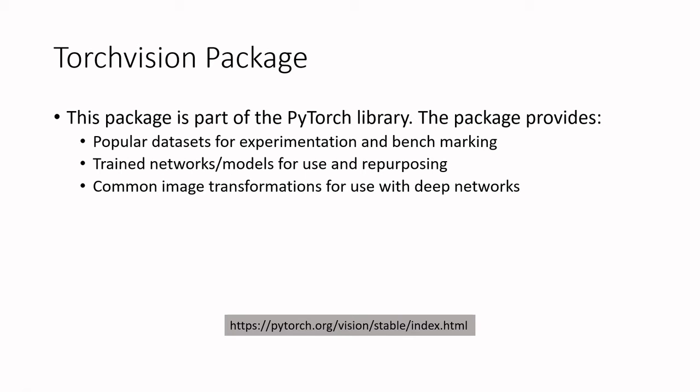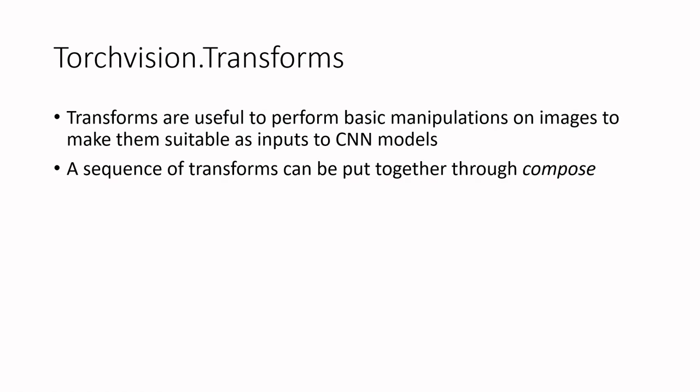What I'm going to show you here is a little bit of Torch Vision package use for performing image transformation, because that's what we are talking about in terms of normalization. In the Torch Vision package, you will find torchvision transforms, which are basic manipulations that the package provides to make on images so that you can put these images in a form and shape suitable for inputs to convolutional neural network models.